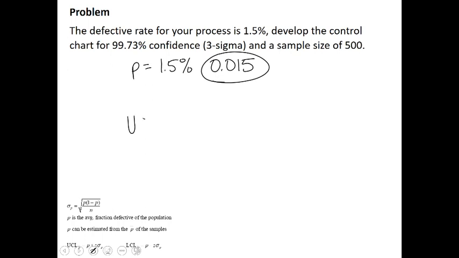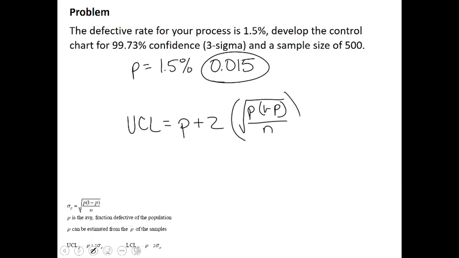And I know that my upper control limit equals P plus Z of, and I'm going to go ahead and do the full blown, P times 1 minus P over N. Developed a control chart for the 99.73 confidence, or 3 sigma, and the sample size of 500.